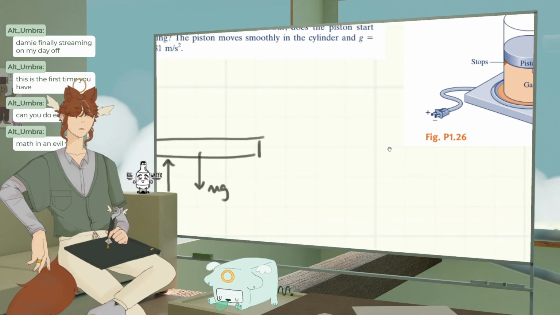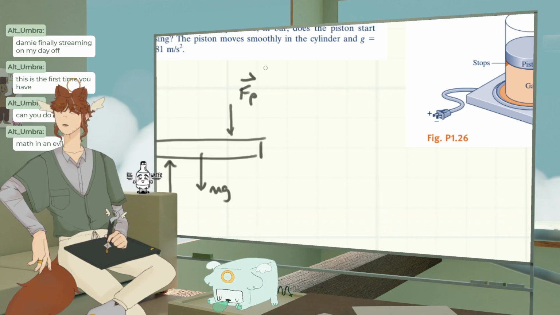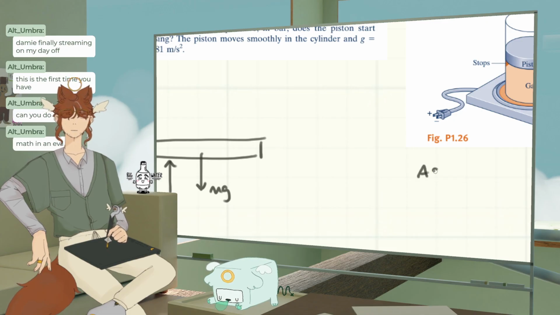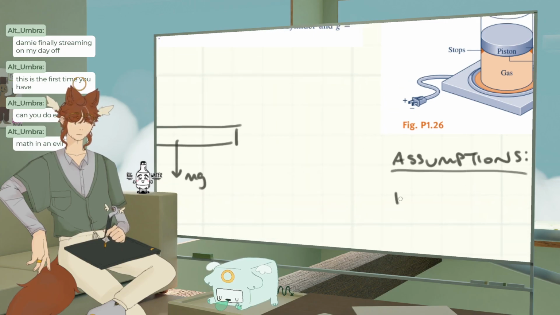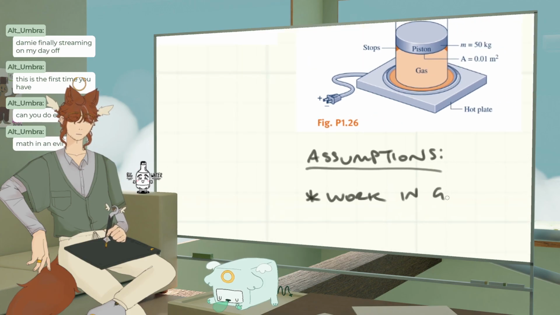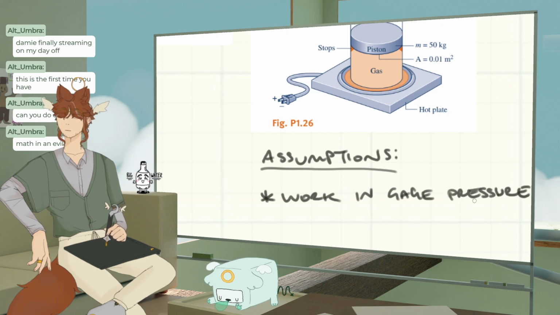They kind of imply... Oh, wait a second. That's why they said that. But if we just work in ATM, it doesn't matter. I'm gonna make a note. Assumptions. We start our assumptions list, chat. It's not really an assumption, it's more of a note. I just put it at the top. Because if it's pressing up from the bottom at 1 ATM, then we just don't have to worry about it.